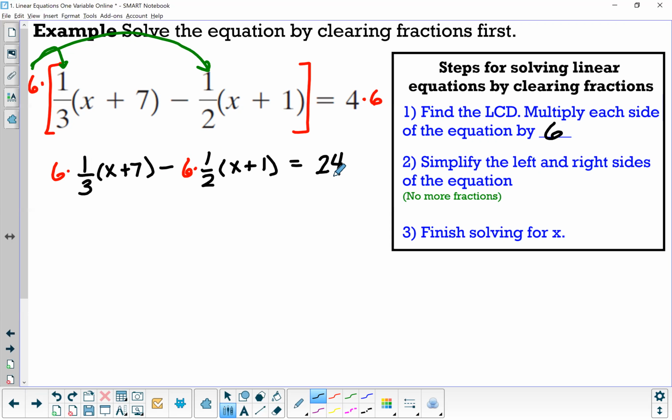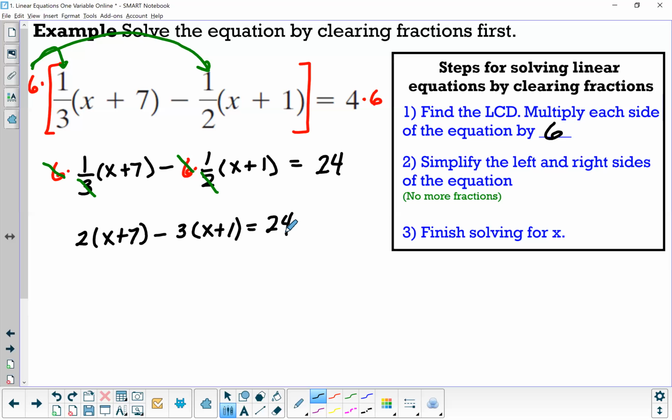Okay, now I recommend you simplify the multiplication before you distribute, meaning 6 times the 1/3, divide the 6 and the 3, and you get 2. And then parentheses, x plus 7, close parentheses, minus 6 times the 1/2. So 6 divided by 2 is 3. So 3 parentheses, x plus 1, close parentheses, equals 24.